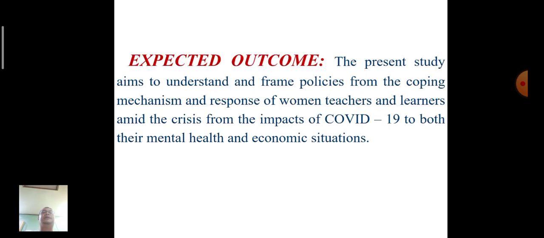Then you have the expected outcome. Let's differentiate it from the usual expected result, so you don't just have an expected result but an outcome. The present study aims to understand and frame policies.